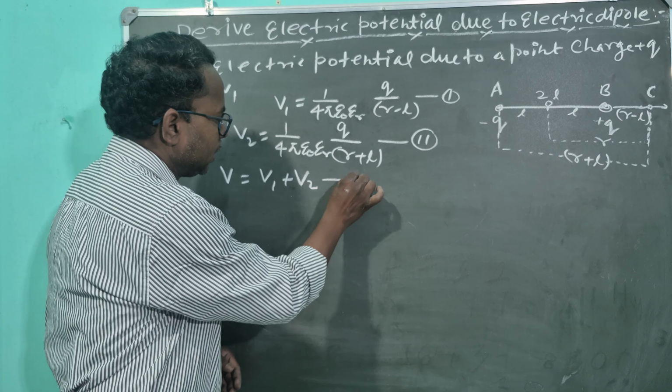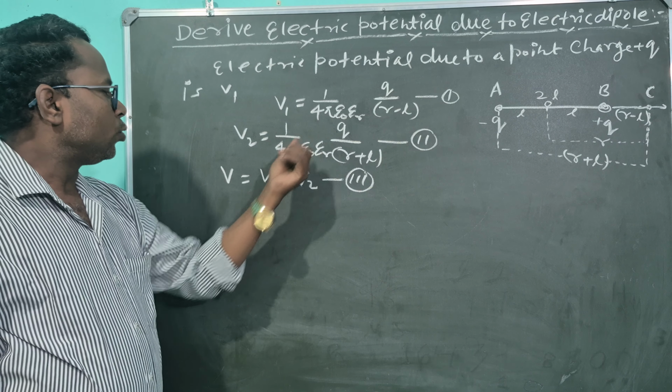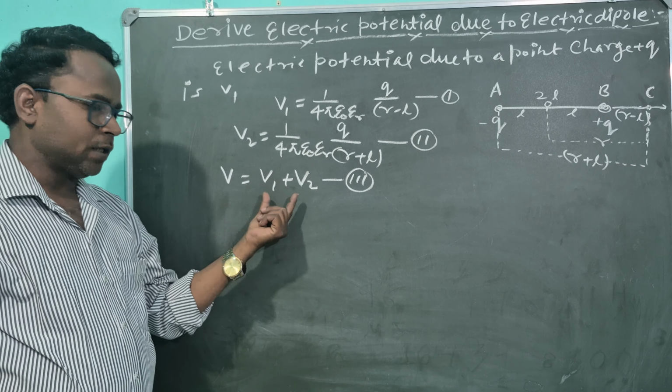That is equation number 3. From equations 1, 2 and 3, we put the values of V1 and V2 in equation 3.